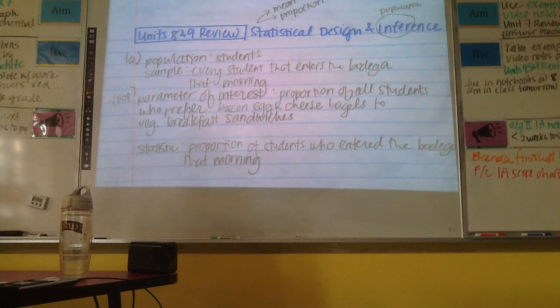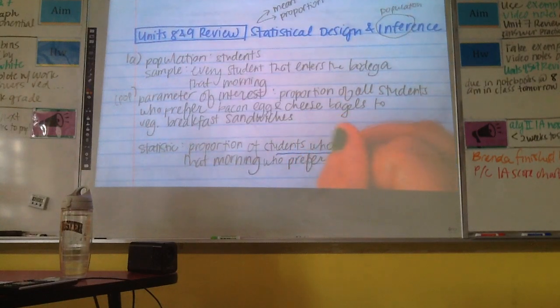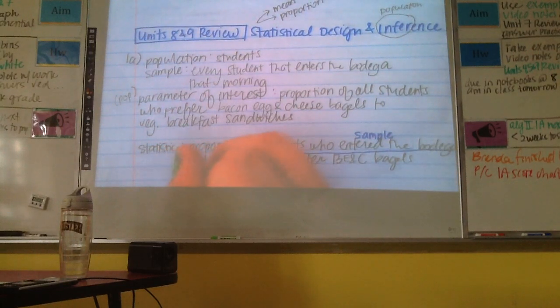This should look familiar because this is exactly our sample. So the proportion of students who entered the bodega that morning who prefer bacon, egg, and cheese bagels to vegetarian breakfast sandwiches.